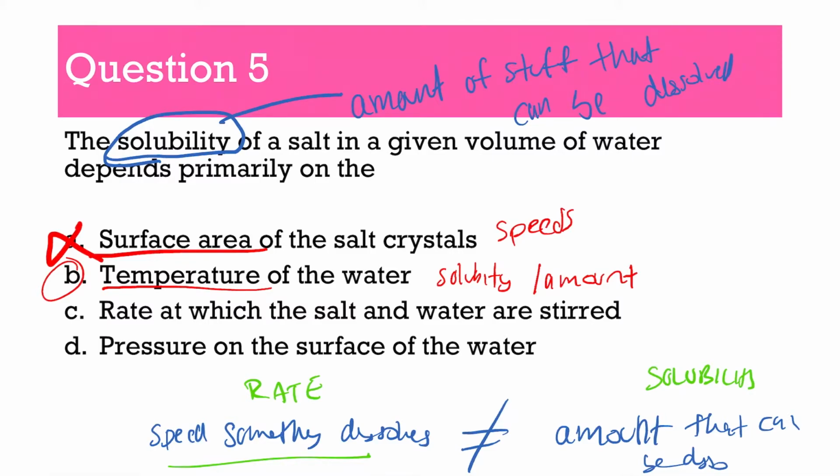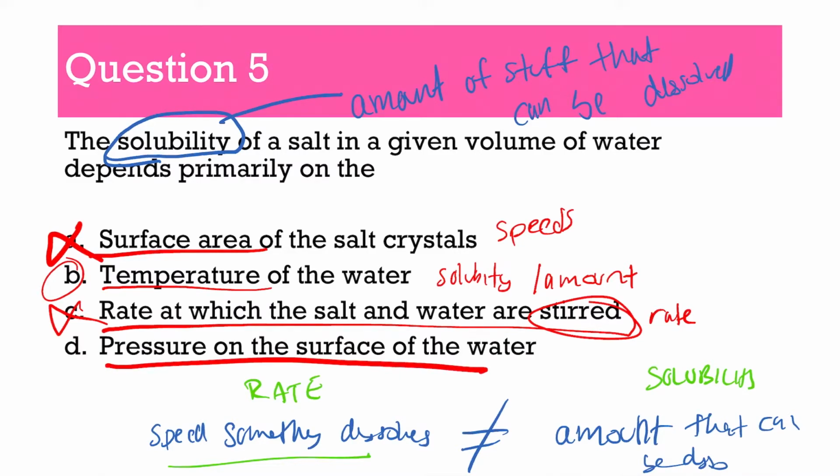So solids become more soluble at high temperatures. The rate at which they're stirred affects the rate of dissolving, not the amount. And pressure on the surface of the water only really works if you're trying to dissolve gases. Salt is a solid, so pressure does not work. Meaning the only logical choice here is B.